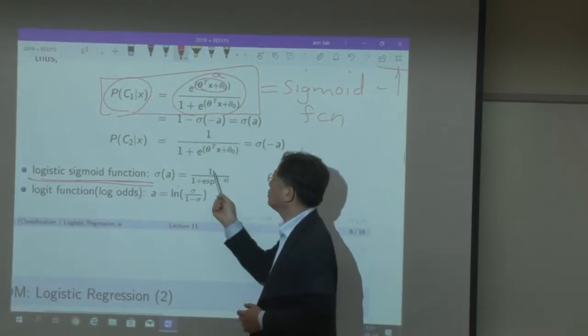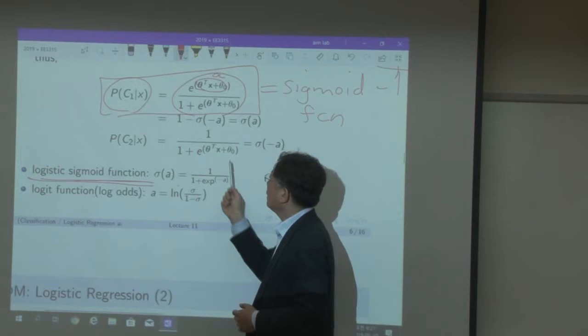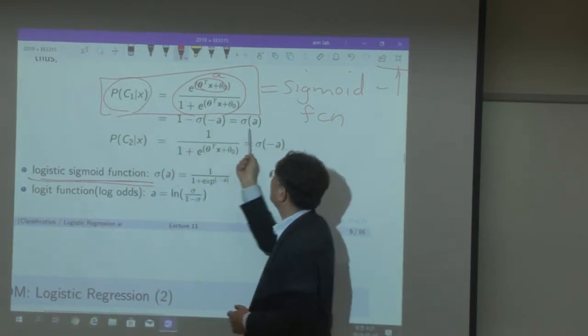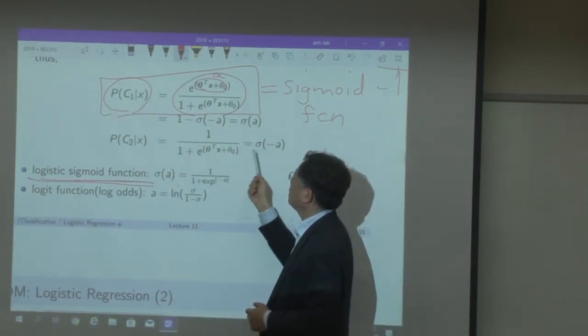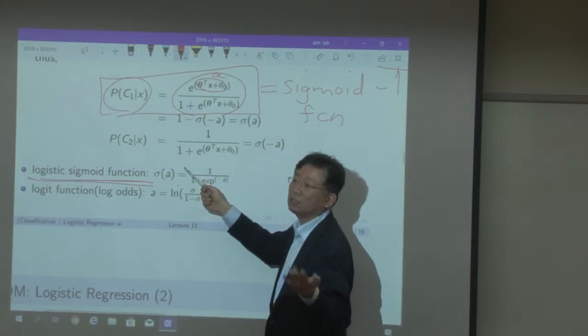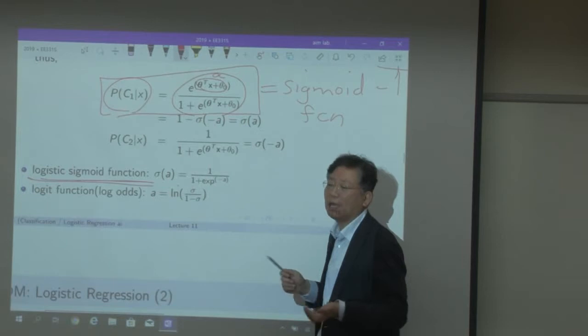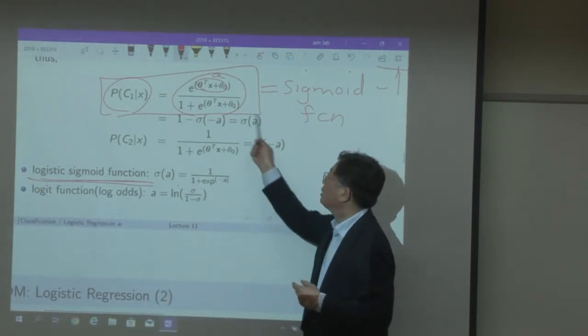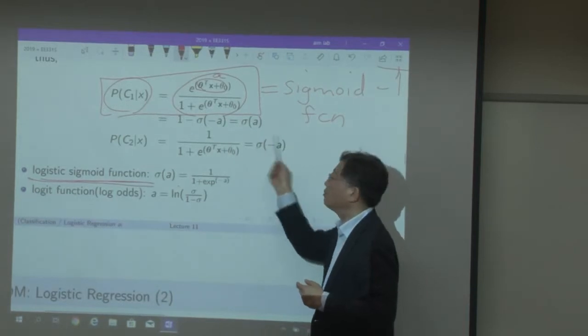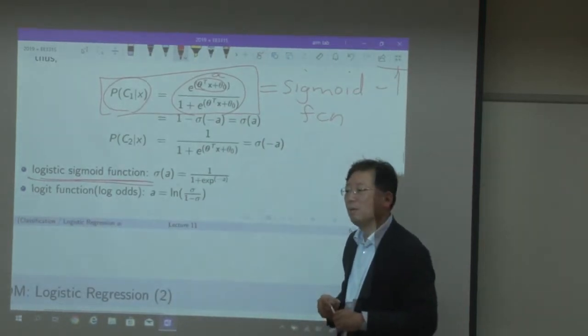Logistic sigmoid function. Okay? And if the other one is sigmoid a, then the conditional probability of the other one has to be sigmoid minus a. Why?